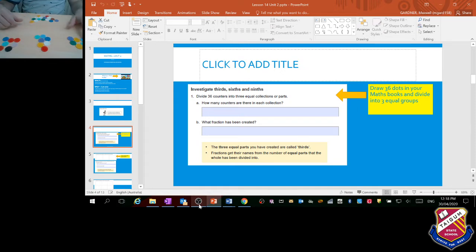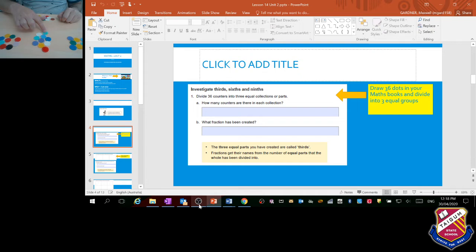I'll just check. 1, 2, 3, 4, 5, 6, 7. So I'm always checking that I've got equal amounts in each group. Because, you know, if you share a piece of pie with your brother or sister and they get a little bit more, you're not going to be happy, are you?